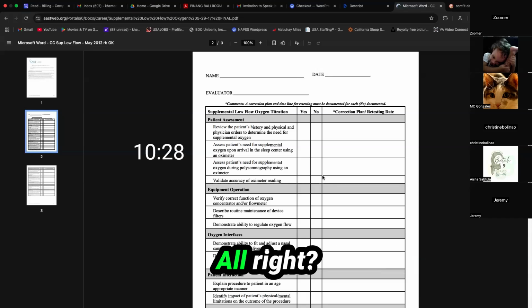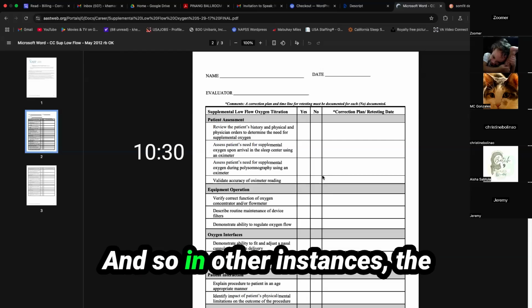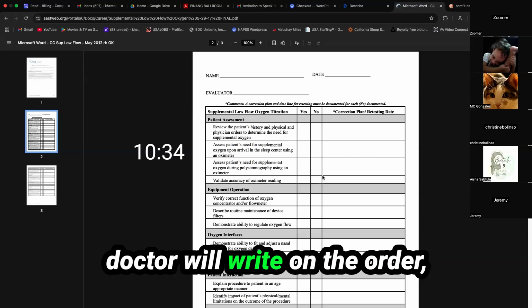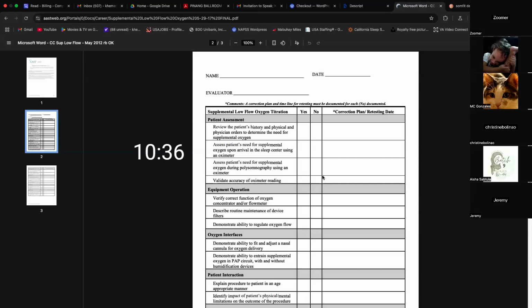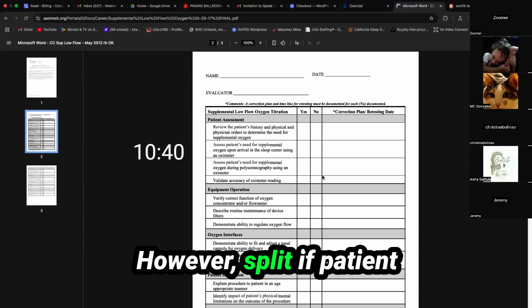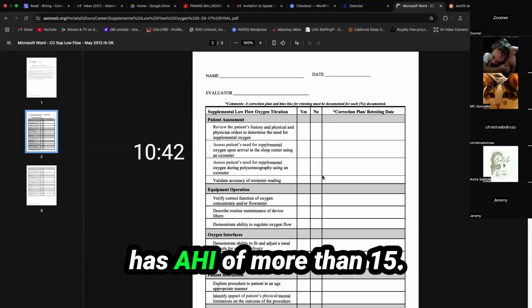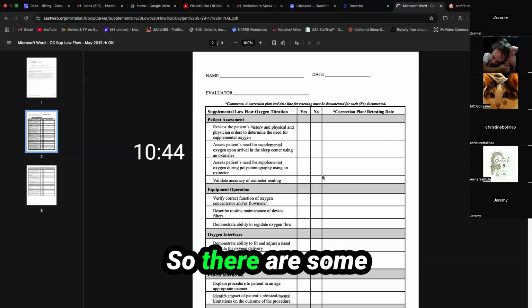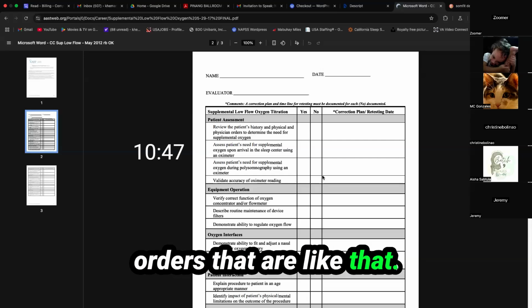All right. In other instances, the doctor will write on the order: diagnostic study, however, split if patient has AHI of more than 15. So there are some orders that are like that.